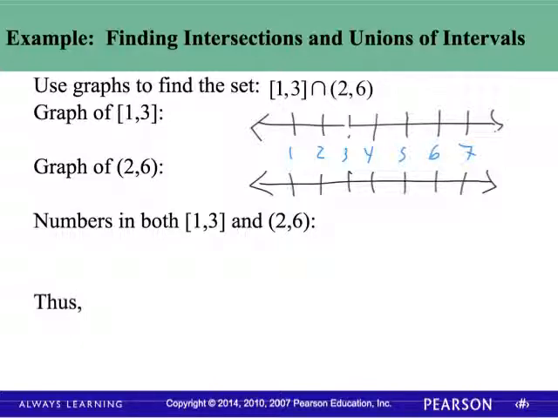So it's a bracket, from 1 to 3. And I'm also going to shade in the open interval from 2 to 6. So here's 2, and here's 6. So I have those two intervals. And then to see what they have in common, I'll draw another number line down here.